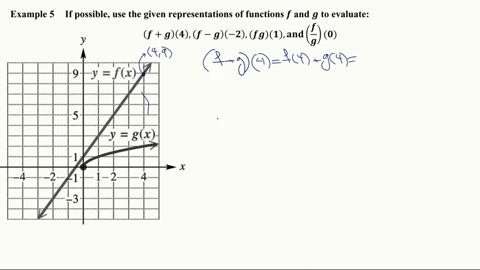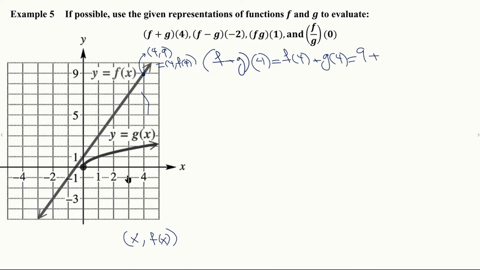But remember, you can also think of it as 4 comma f of 4. So the y value is where we pick the output values from. The input is x and the output is f of x. So each point on the graph of a function can be thought of as x comma f of x. All right, so f of 4 is 9.